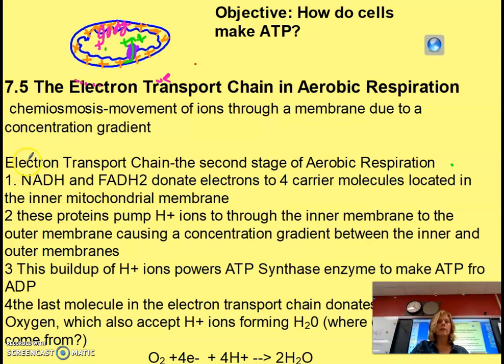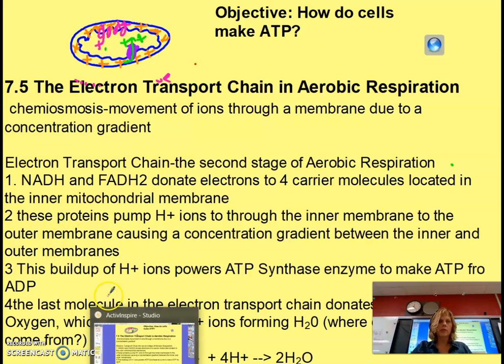So the first step, there has to be this chemoosmosis, so we have to understand that. And then the first step is that NADH and FADH2 donate their electrons to these 4 carrier molecules, and these are located on that inner mitochondrial membrane, as represented by beautiful little pink circles.